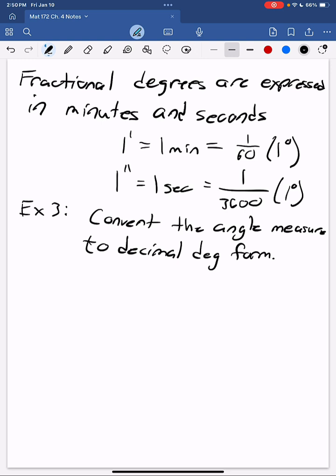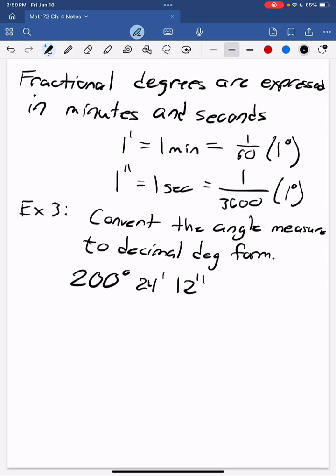Let's say that I give you 200 degrees, 24 minutes, and 12 seconds. I want to know what this is in decimal form.